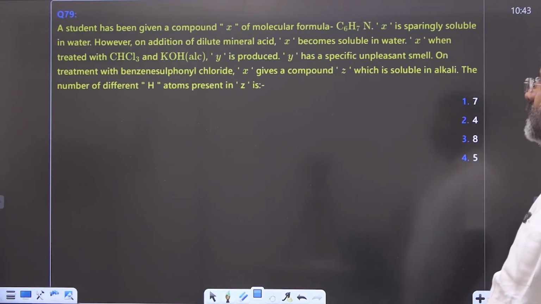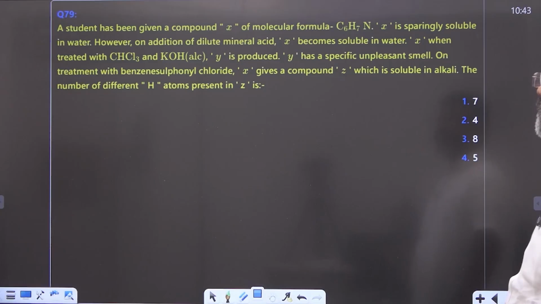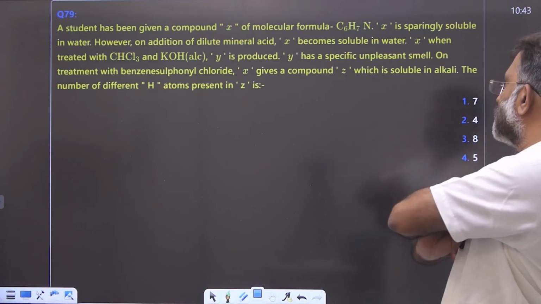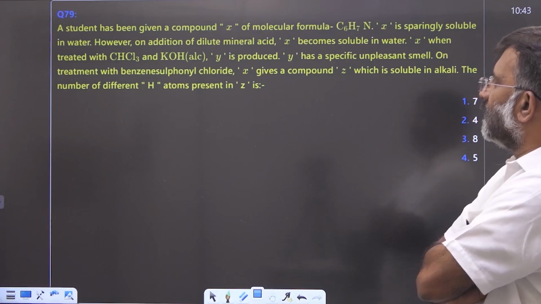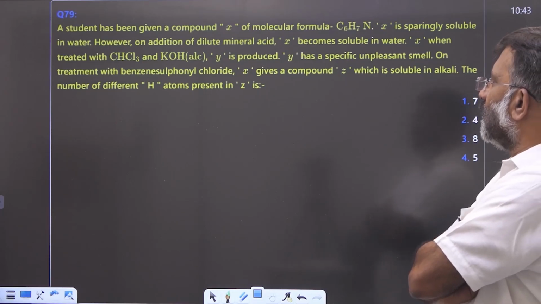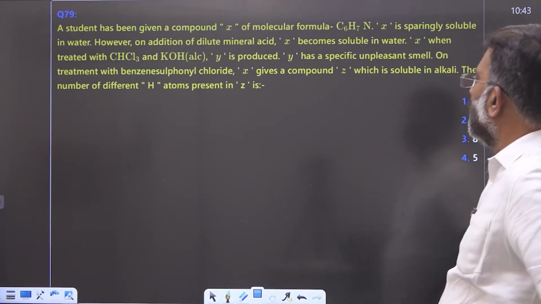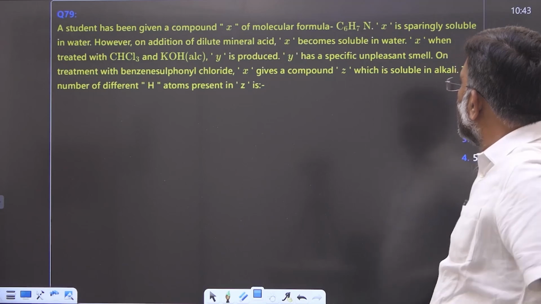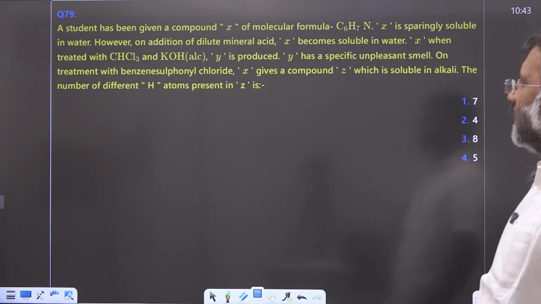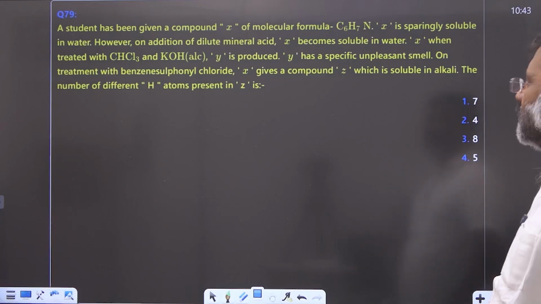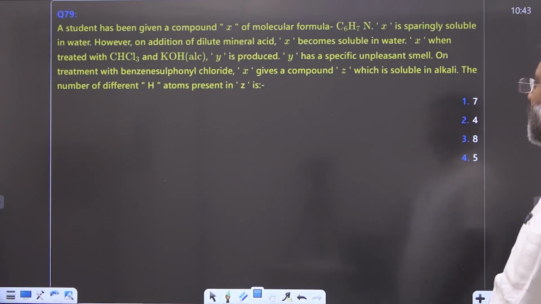A student has been given a compound X, molecular formula C6H7N. X is sparingly soluble in water. However, on addition of dilute mineral acid, X becomes soluble in water. X, when treated with chloroform and alcoholic KOH, Y is produced. Y has a specific unpleasant smell.